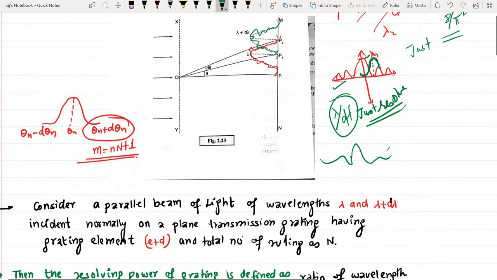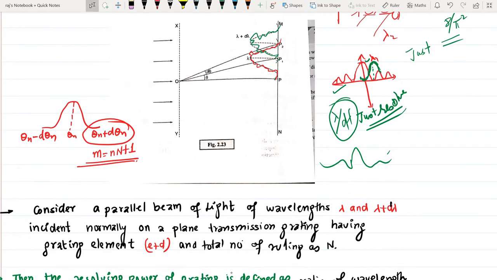For that, consider a parallel beam of light of wavelengths lambda and lambda plus d lambda. Consider the red one to be lambda, as in the picture, and lambda plus d lambda to be the green one. These are incident normally onto a plane transmission grating having a grating element of e plus d.